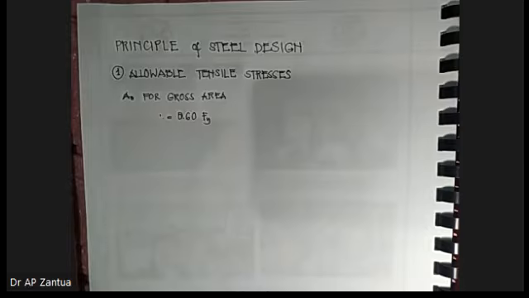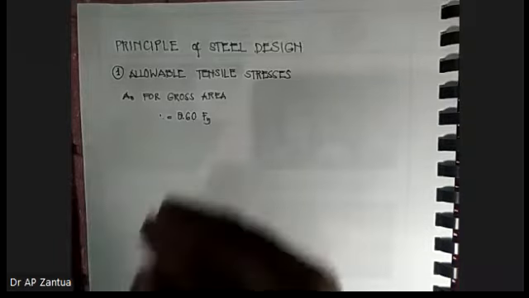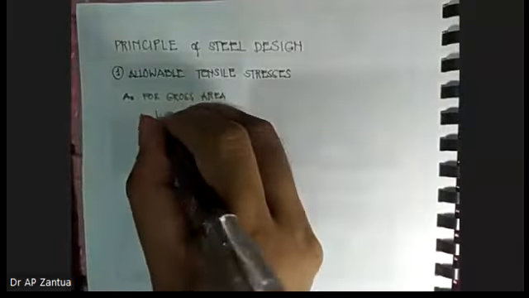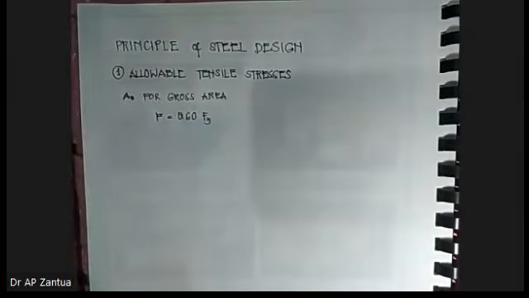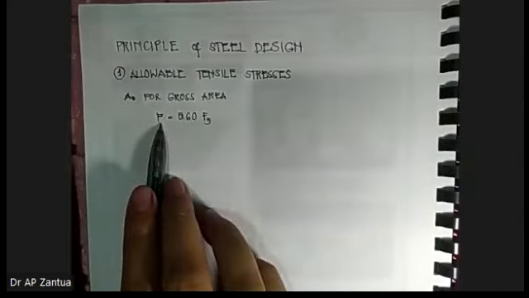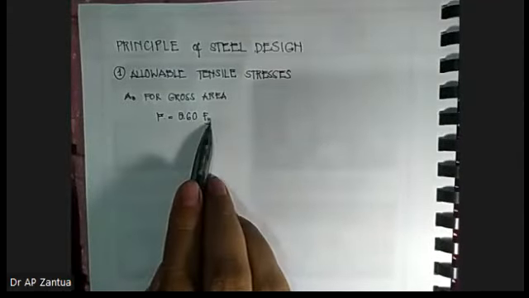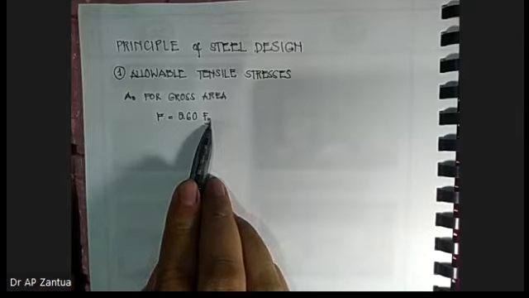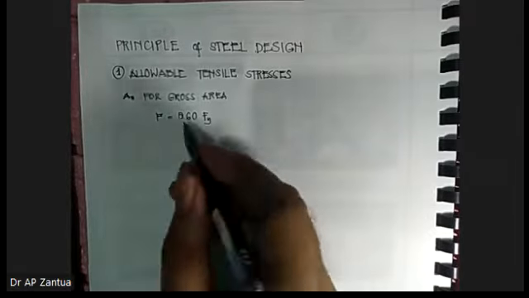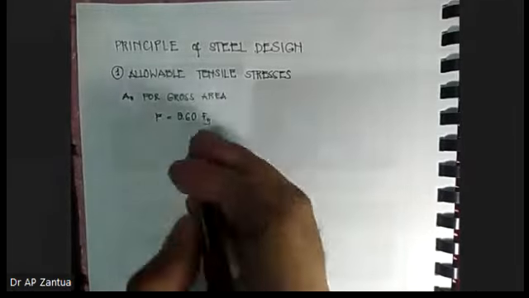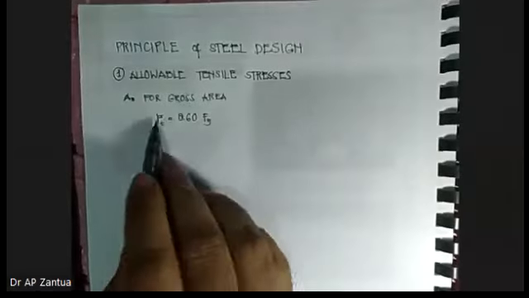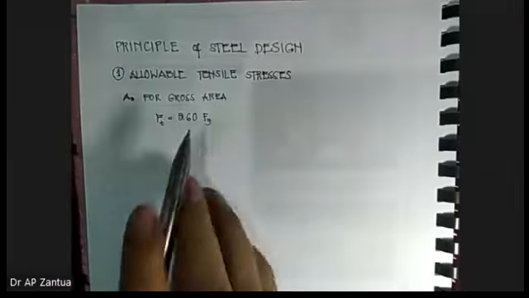We can call this F, allowable tensile stress is equal to 0.6 Fy. Or since this is tensile, let us say Ft is equal to 0.6 Fy.